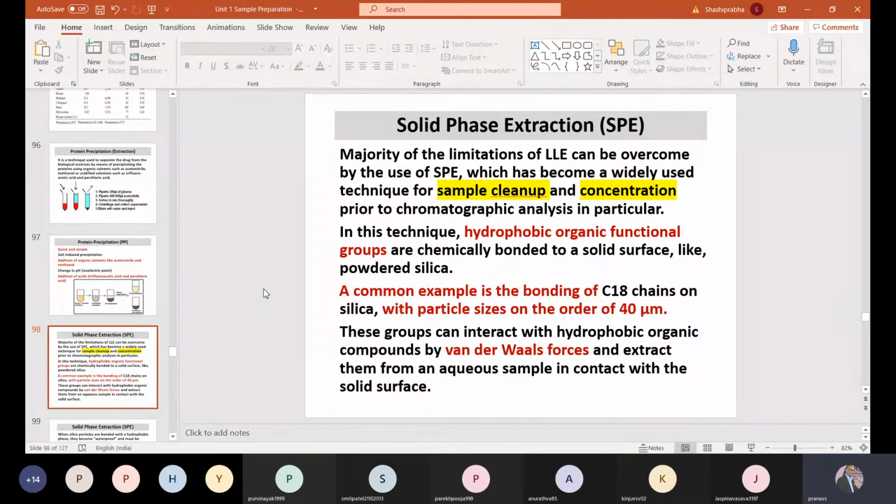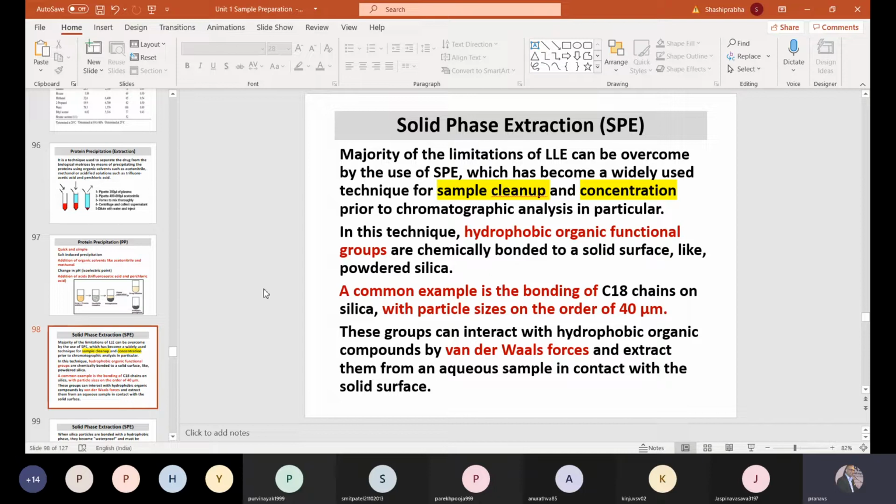Now, in an effort to do this, what is being done? The silanol groups are chemically reacted to form a long linear hydrocarbon chain. That means the structure would be SiO, then CH2, C18, 18 carbons, and at the end you have CH3.